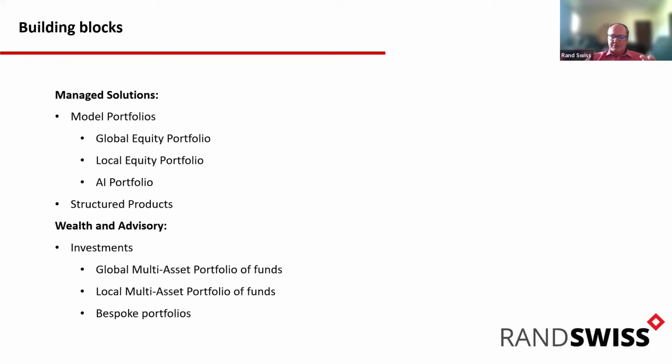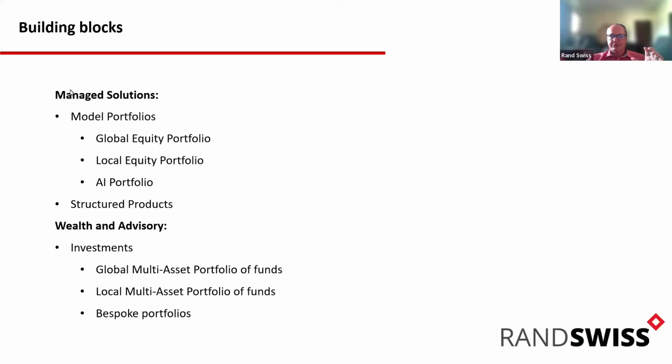Lastly, and then I'm going to answer some questions because I see the time is basically up. This is my last slide before questions, so building blocks. Any asset allocation strategy, whether that is for a retirement annuity, for your tax-free savings account, for your international portfolio, or even your local or global equity portfolios, whatever it is, needs a certain level of asset allocation.